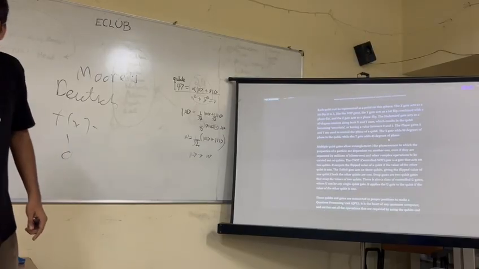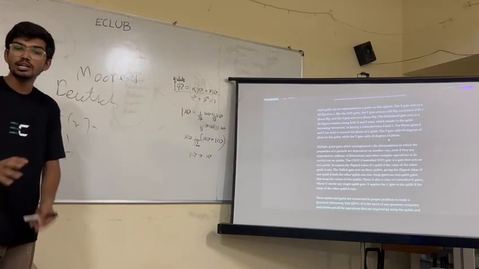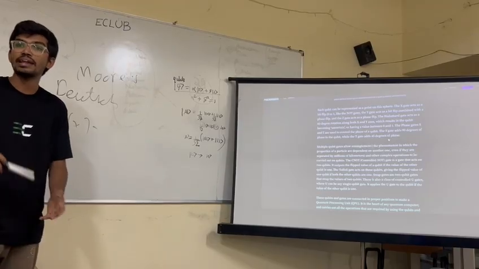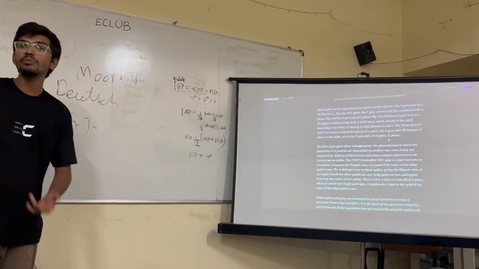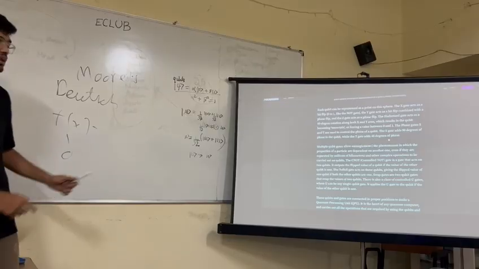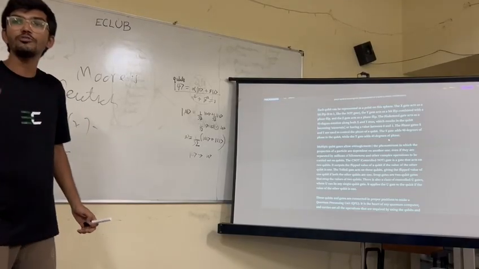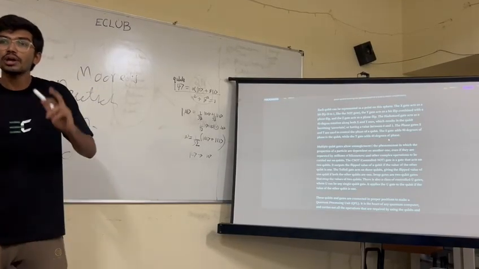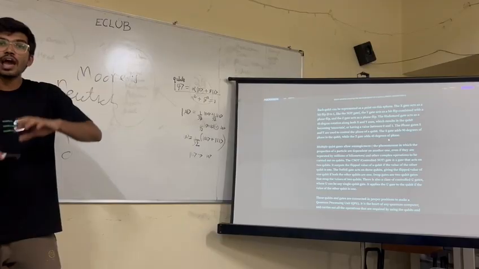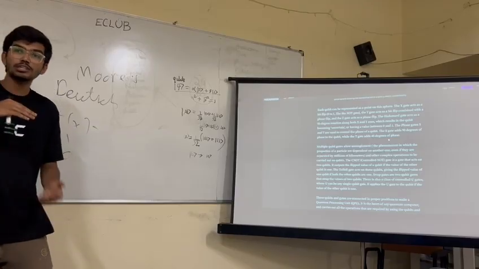Like that, there are different types of gates: single qubit gates which act on a single qubit, and multiple qubit gates which involve entanglement. Why is entanglement important? If you have a single qubit, it can have a superposition of two values. If you have two entangled qubits, it can have a superposition of all four values. And like that, it exponentially increases.